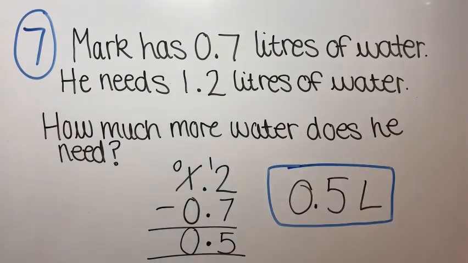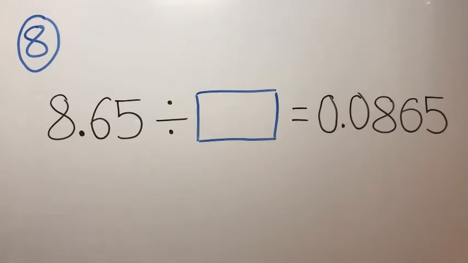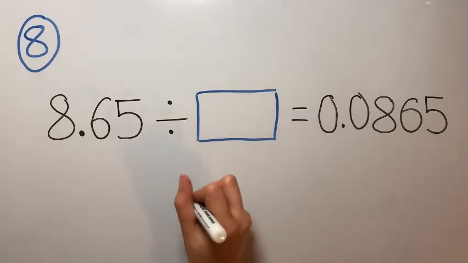Question 8. 8.65 divided by something gives us 0.0865. We can see that we still have 865 in our number. That means that our number hasn't changed, it's just that the decimal place has been moved.